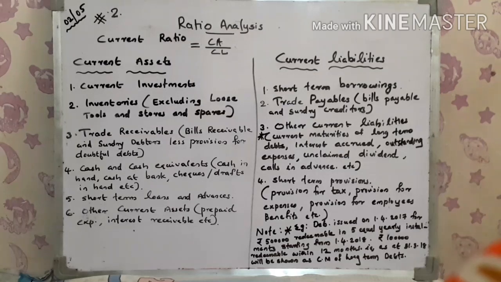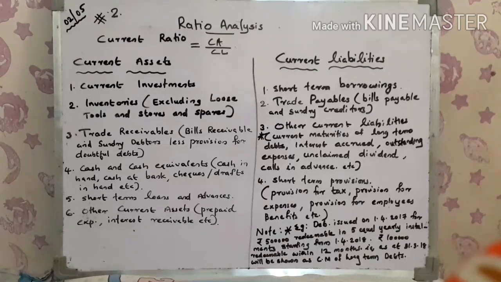Current assets are the assets that are either in the form of cash and cash equivalents or can be converted into cash and cash equivalents within 12 months from the date of balance sheet or within the period of operating cycle. These current assets come under the balance sheet asset side.